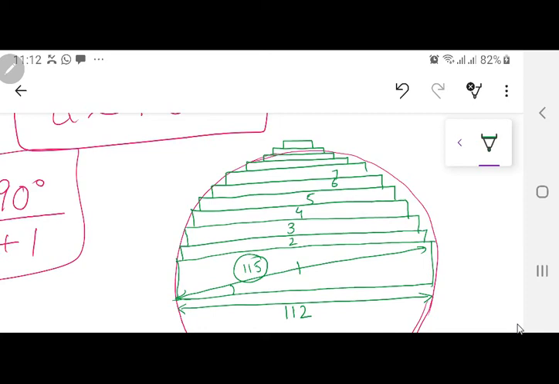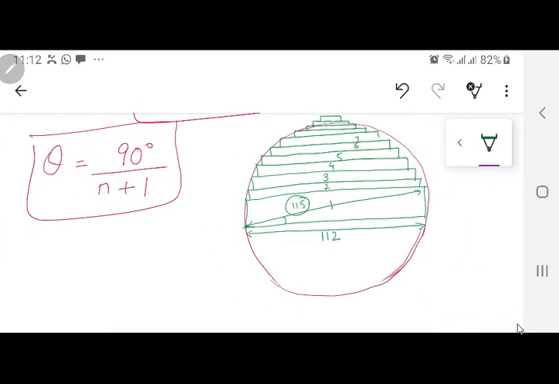Okay? It will be something in the range of 113, 112, 114, something in that range. Because if I go by the angle formula, this is equal to 90 degrees divided by 11 plus 1. This comes out to be 7.5 degrees. So a 7.5 degrees approximately, this value is not going to be less than something 113, 112.